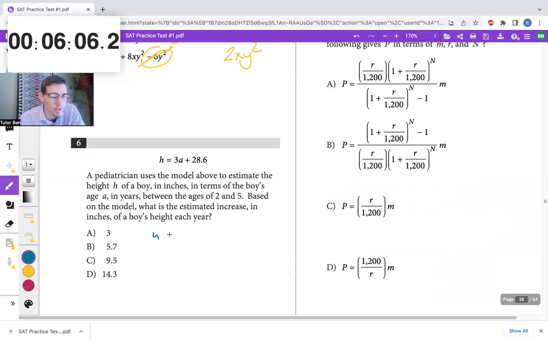So from the classic y equals mx plus b, they're just asking if you know this m value in the context of a problem. So here, the rate of change is always in front of what's being measured in time. So the estimated increase in inches of a boy's height each year is 3.